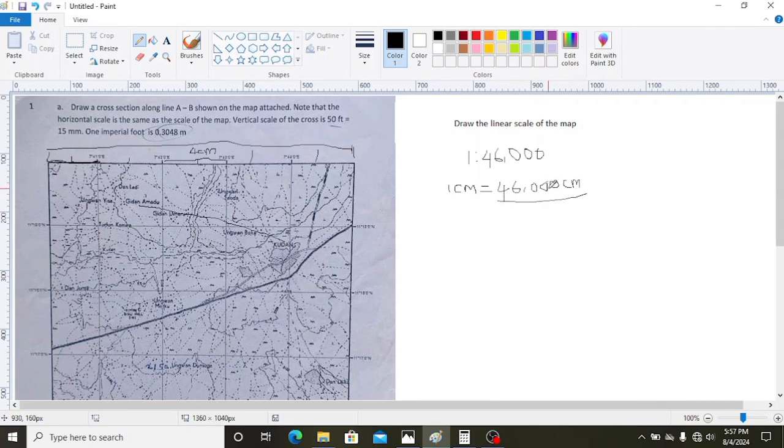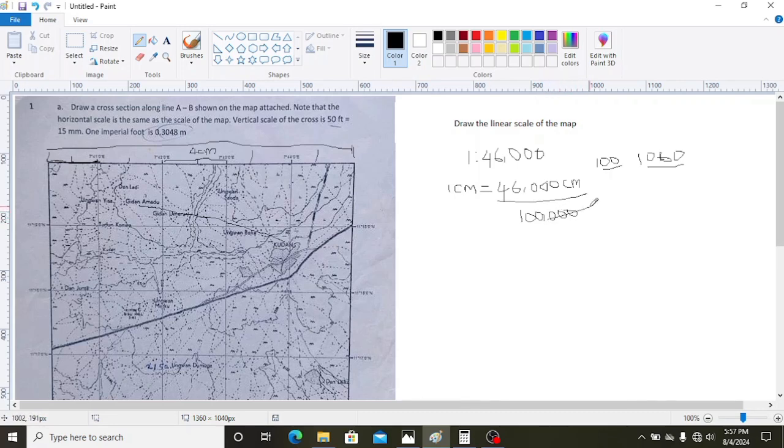First of all, converting to meters, I divide by 100. And from meters to kilometers is 1,000. I have 2 zeros here and 3 zeros here, so 5 zeros. I'm going to divide by 100,000. That's directly from centimeter to kilometer, 100,000.